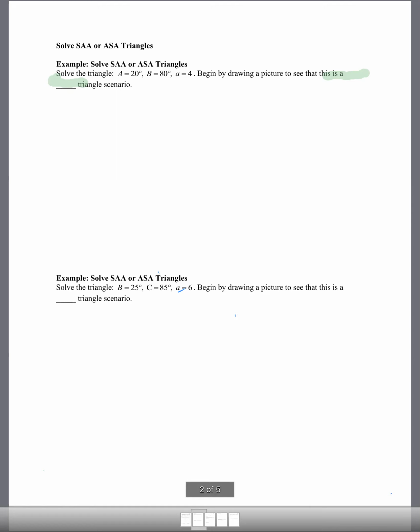And so I'm going to have a 20-degree angle, an 80-degree angle, so I could say maybe that's my 20-degree angle, and they told me to call that A. Up here, I could have like an 80-degree angle. They told me to call that angle B. And now they've also told me that that side A is known to be 4 units long.